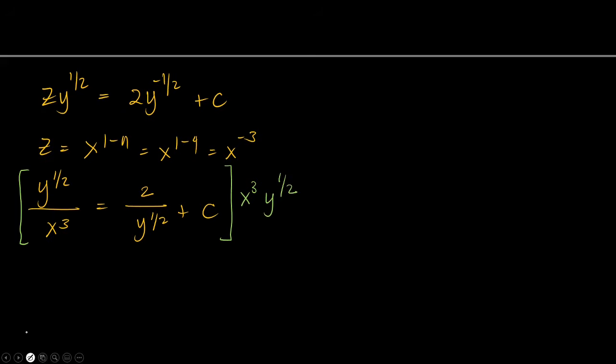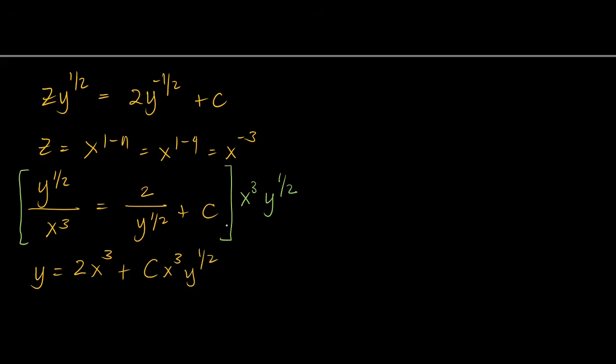And by doing that, x cubed here will cancel and y to the 1 half times y to the 1 half is just y equals, if I multiply this by this term, y to the 1 half will cancel and this will become 2x cubed, right? And this constant would have a multiplier, x cubed y raised to 1 half.